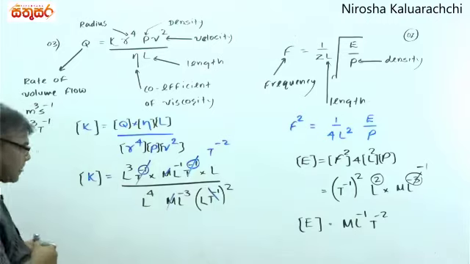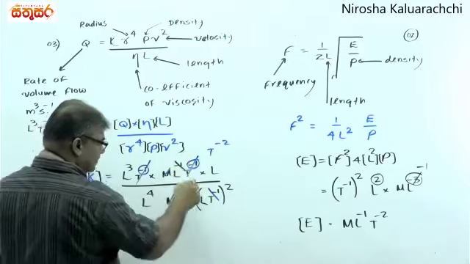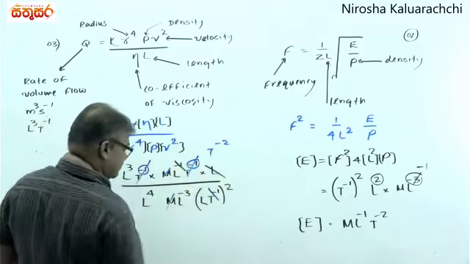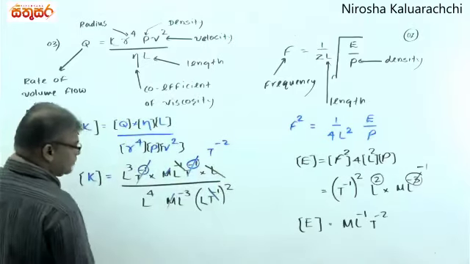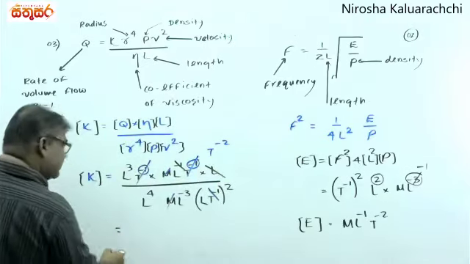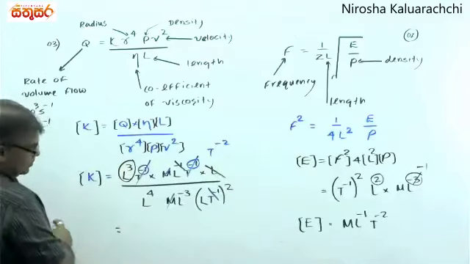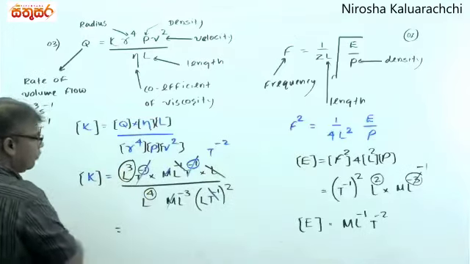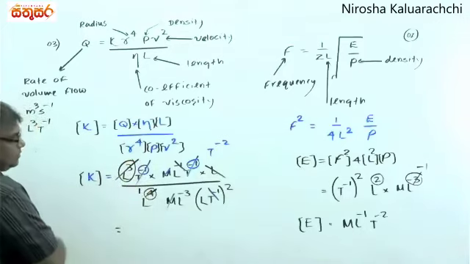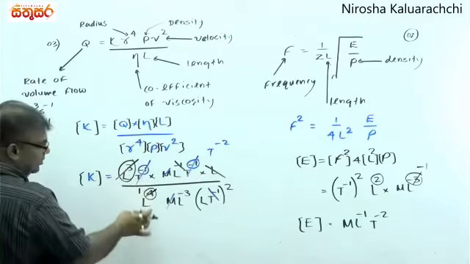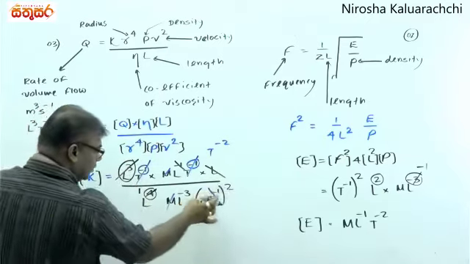Next case. You can see this and this cancel, no? Cancel. And again, if you have doubt here, L3 and here we have L4. Three of them cancel, just one available in the denominator. L and here L to the power 2 available.